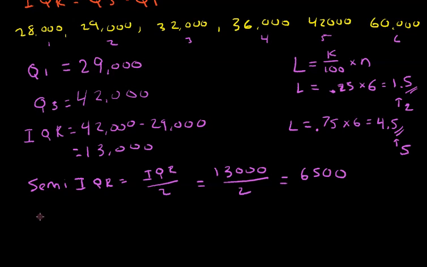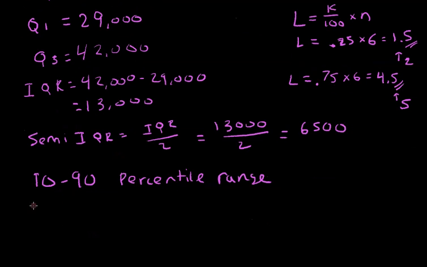All right, lastly, let's calculate the 10-90 percentile range. Well, first we'll need P90 and P10, right? That's what the percentile range is, the 90th minus the 10th percentile. I'm going to calculate first the 10th percentile.